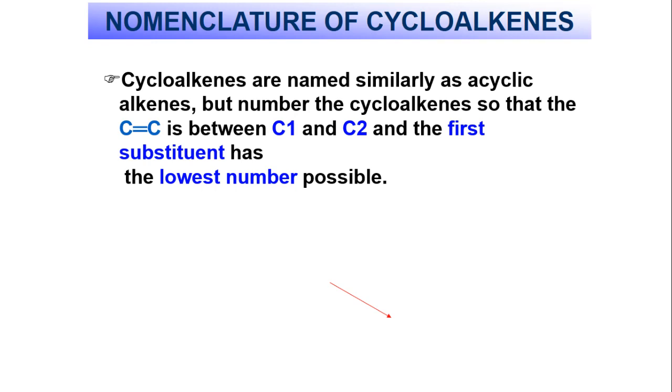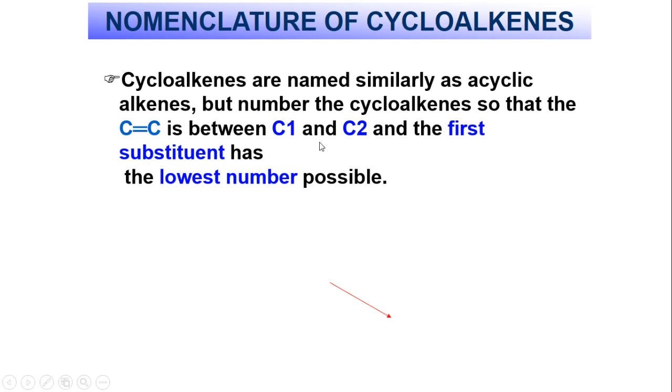cycloalkenes. Cycloalkenes are just alkenes that exist in circular form or in a ring form. Okay, so the cycloalkenes are named similar to acyclic alkenes. Acyclic alkenes are the ones which I've just given, but for cycloalkenes you need to make sure that the double bond is between C1 and C2.